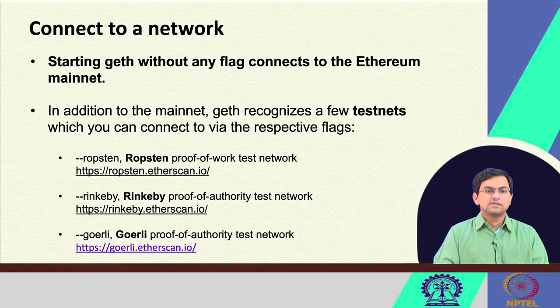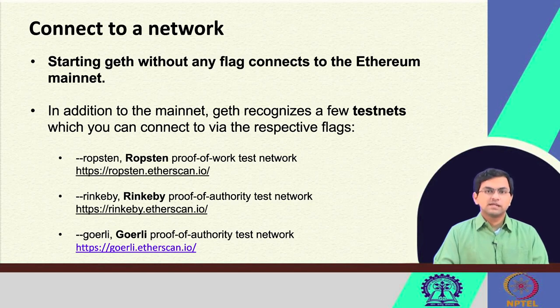These 3 test networks are usually used for testing purposes, and there are some subtle differences. The Ropsten network uses proof of work consensus protocol just like the Ethereum main network. While this is fine, since it is proof of work, it is a bit slower and transactions take more time to get mined.